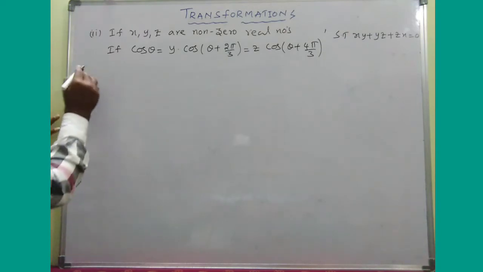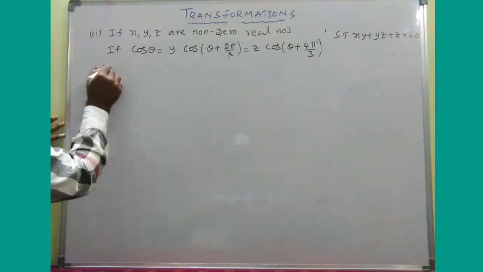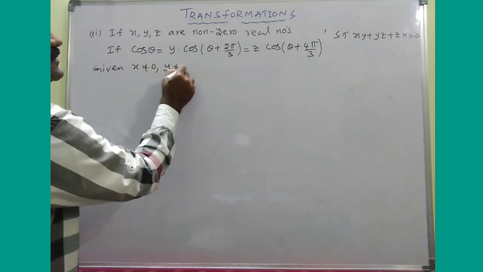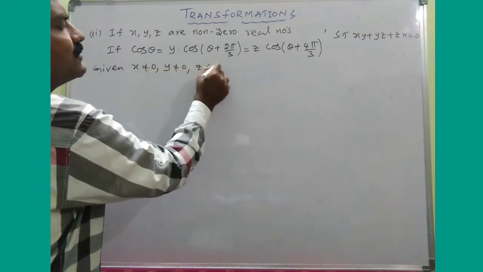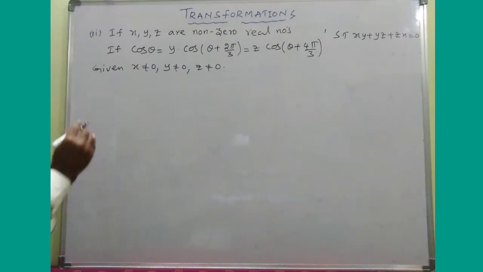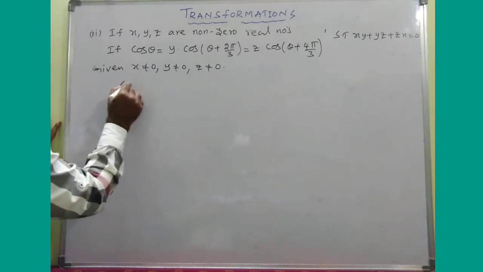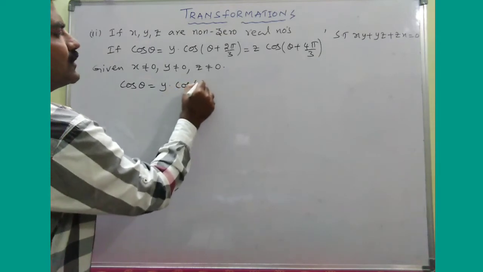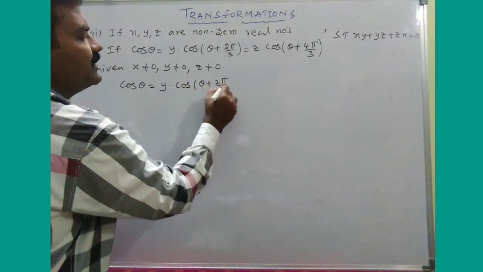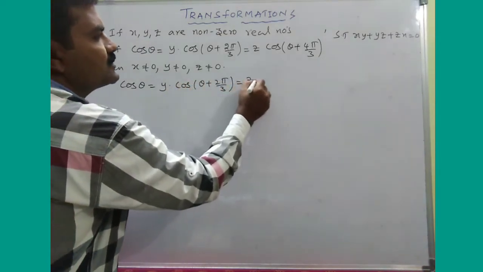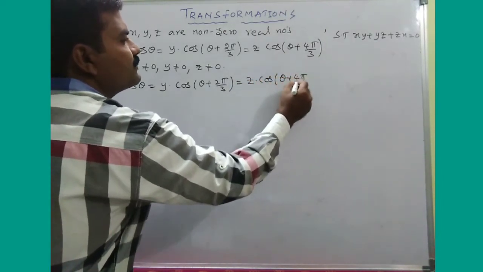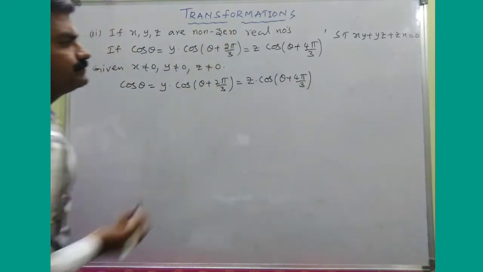Okay. So, see here, given x is non-zero, y is also non-zero, even z also non-zero, isn't it? So now, also given that x cos theta is equal to y into cos of theta plus 2 pi by 3, and that is equal to z into cos of theta plus 4 pi by 3.